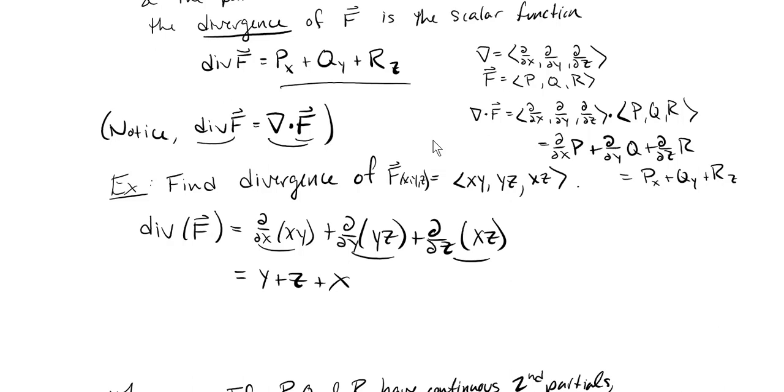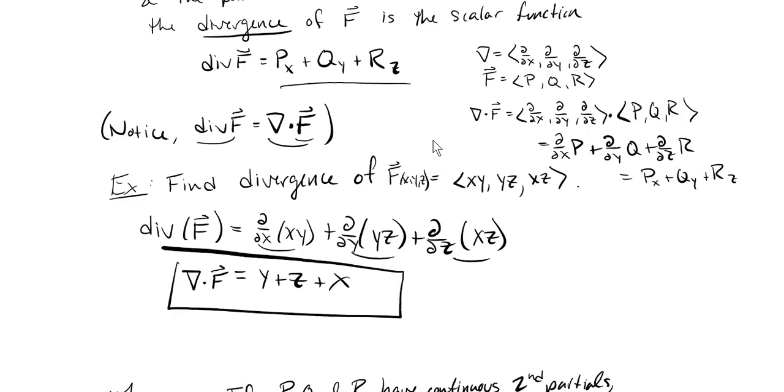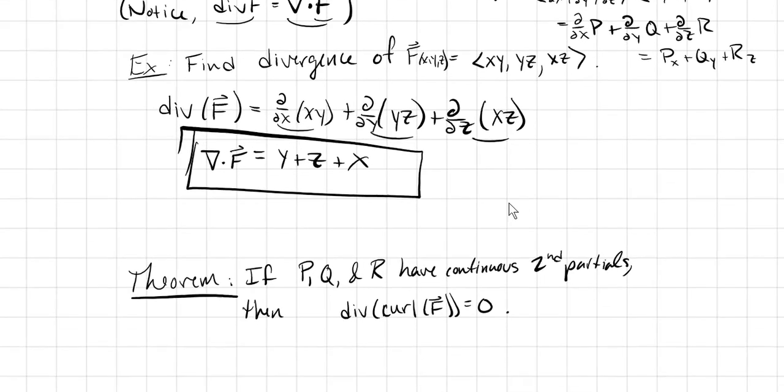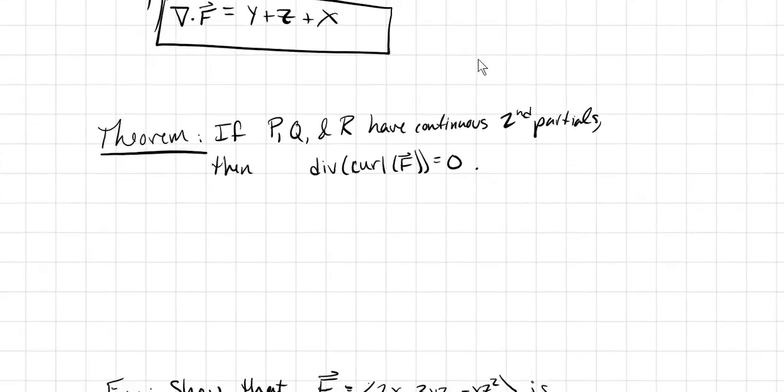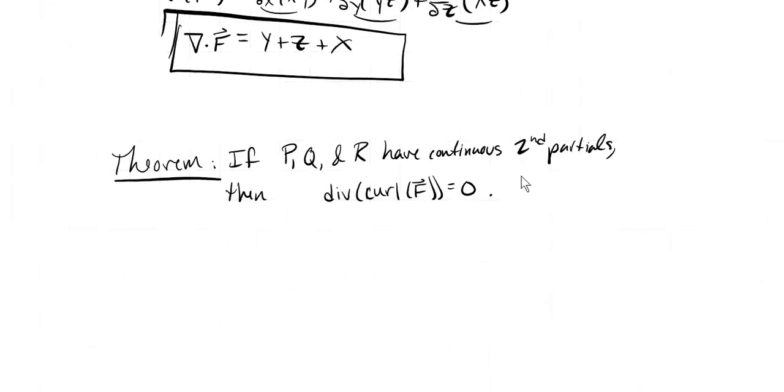That's our divergence. And again, this is a scalar function of three variables. We could plug in any point x, y, z in the domain of our field and figure out what the divergence is at that point. Here I've expressed the divergence as a function that can take any point. So we saw a pretty similar theorem to this one we're about to see for curl, but now we're going to see one that's very similar for divergence.